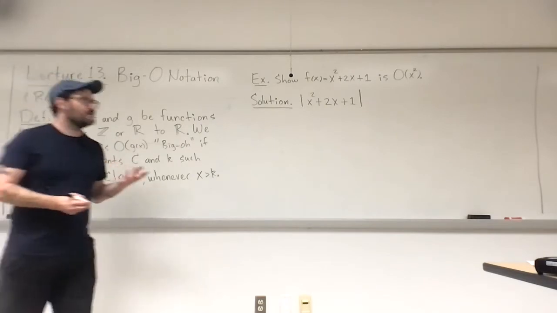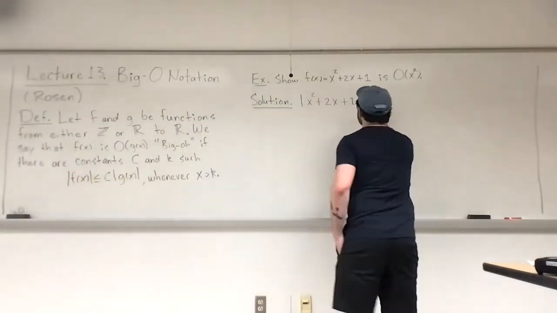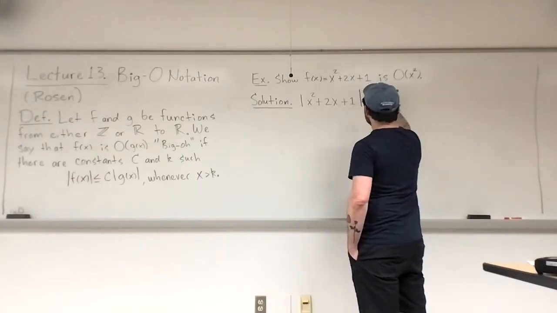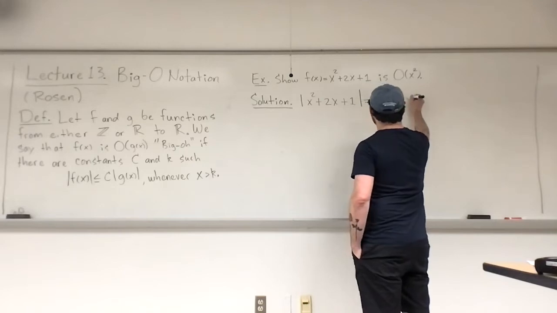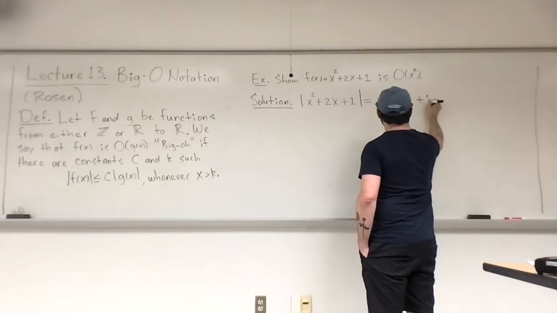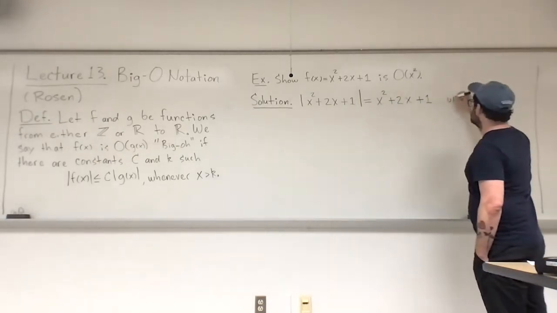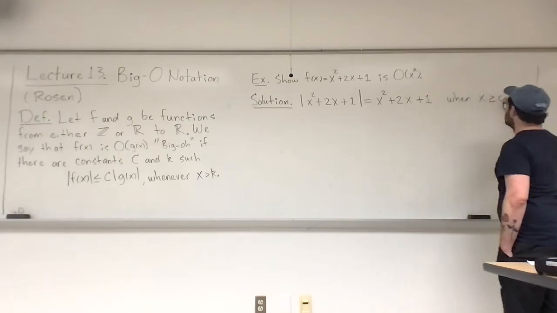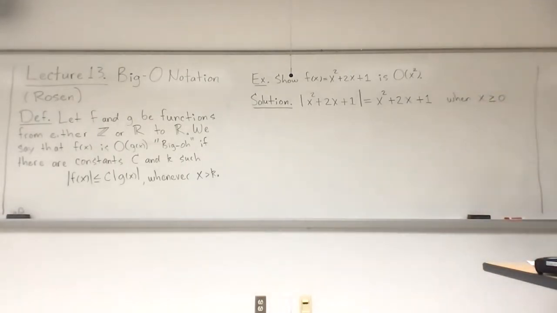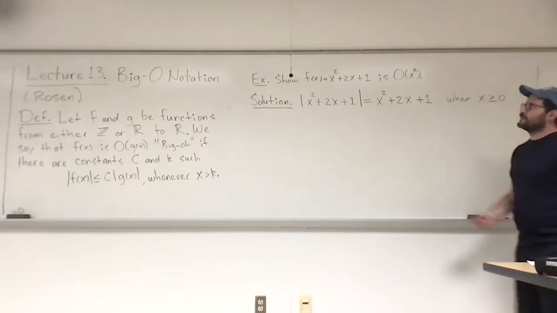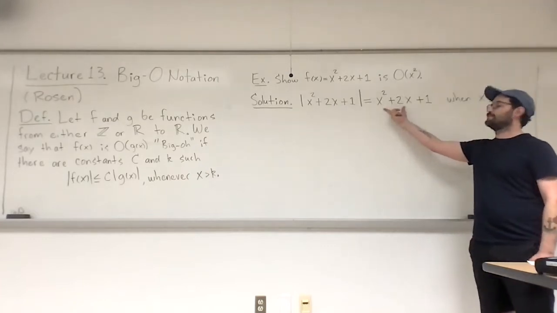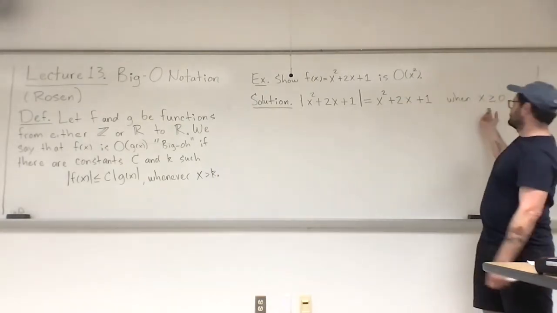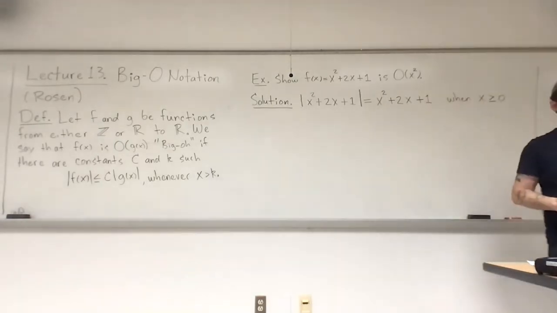So I'm just going to note that this is equal to x squared plus 2x plus 1 when x is greater than or equal to 0. I can just drop the absolute values. In fact, when that part is greater than -1, it's going to be positive. But for sure we can drop the absolute values here.